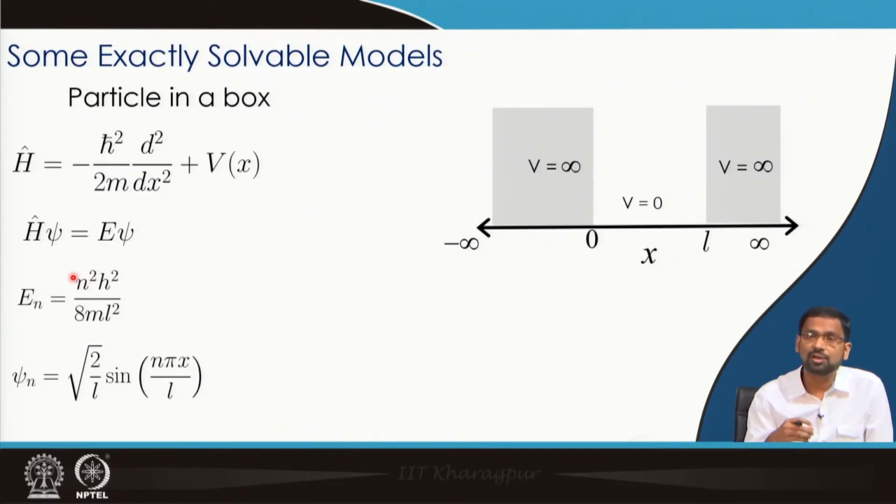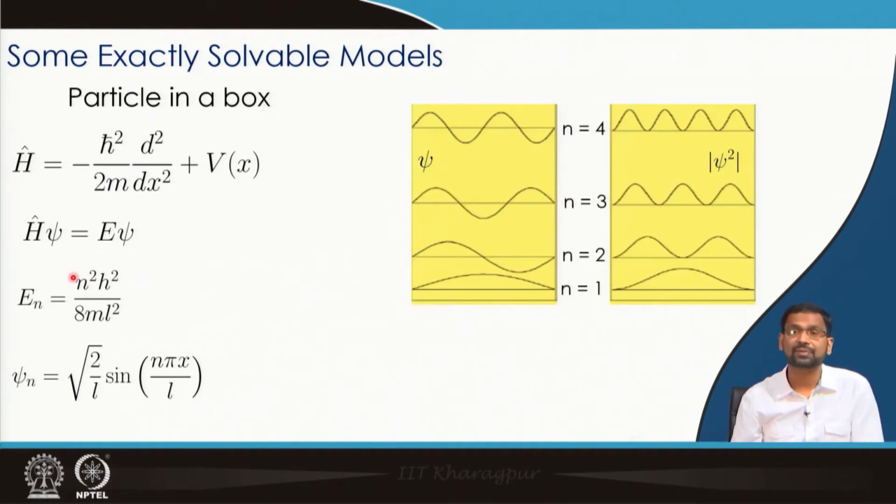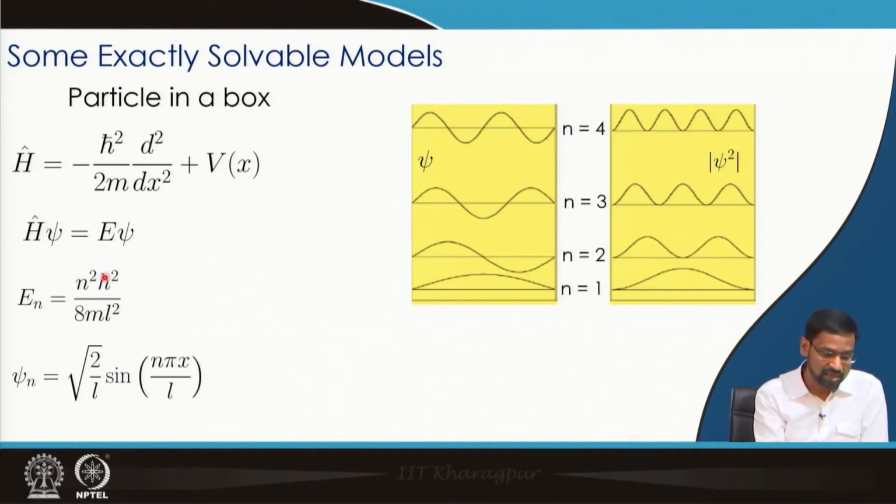These eigenvalues and eigenfunctions have this parameter n that we call the quantum number, and the values of n go from 1, 2, 3 and so on and so forth. So, before we come to the wave function, let us first discuss the eigenvalues. So, En, the eigenvalues or the energy, depend on some constants, because mass and length of the box are constants for a particular problem. h is anyway a universal constant. So, therefore, it has dependence on n square.